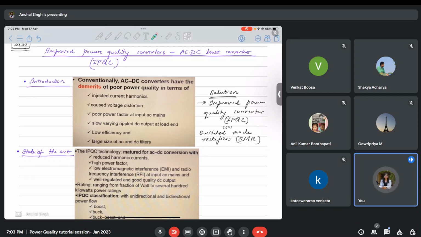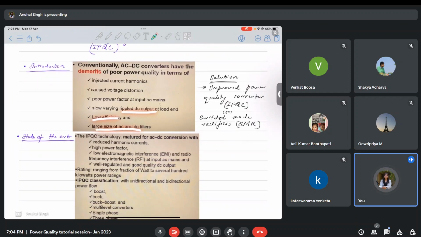So if you look at these improved power quality converters, let us start with the discussion of AC to DC boost converters. The AC-DC converters that we have discussed have the demerits of poor power quality: they are injecting current harmonics into the grid, they cause voltage distortion, they have poor power factor at input AC mains, they are slow, they have rippled DC output, the efficiency is low, and the size of the AC and DC filters is large.